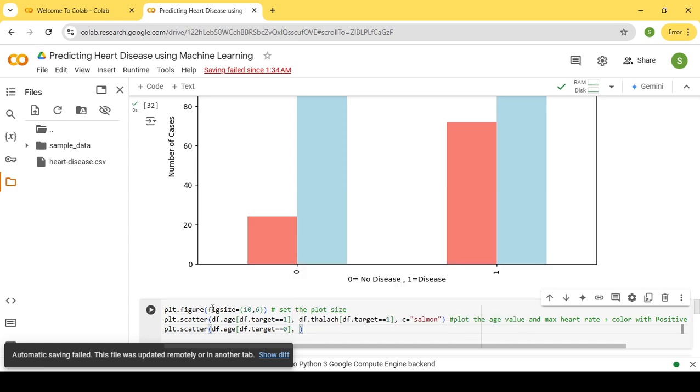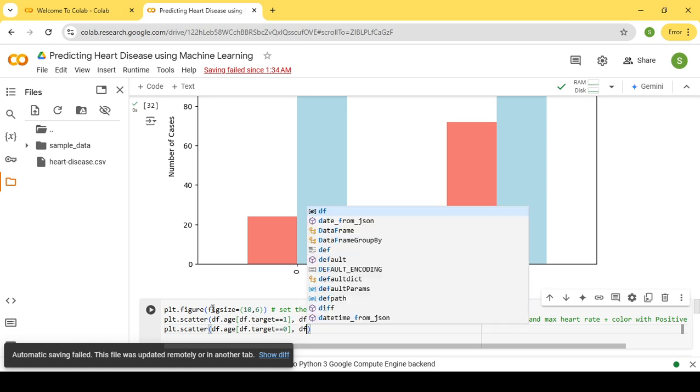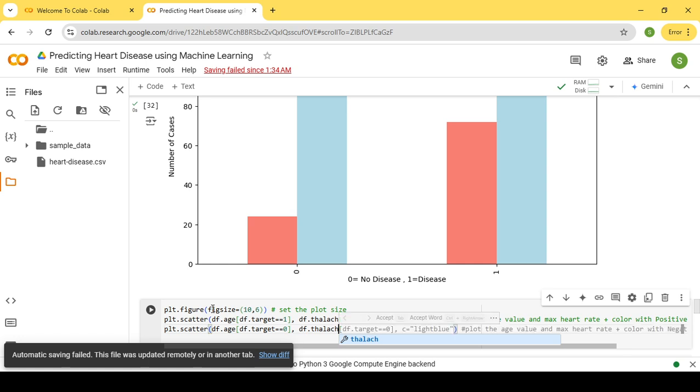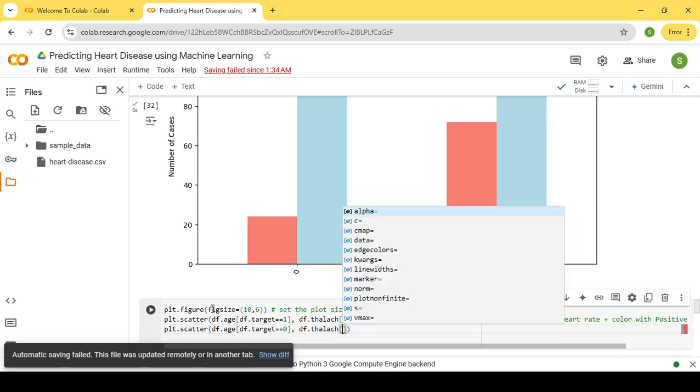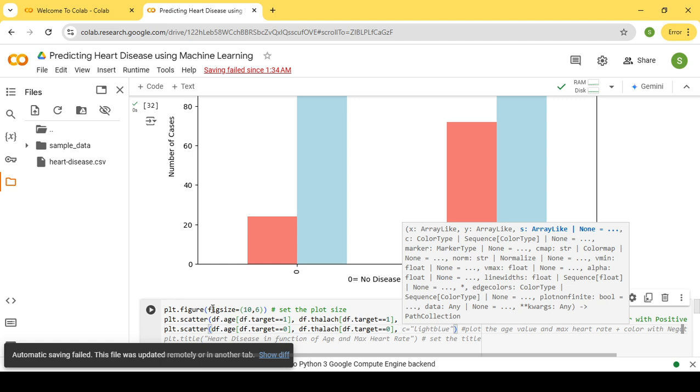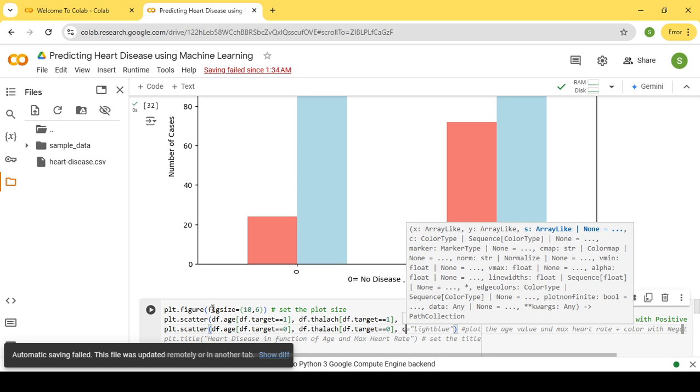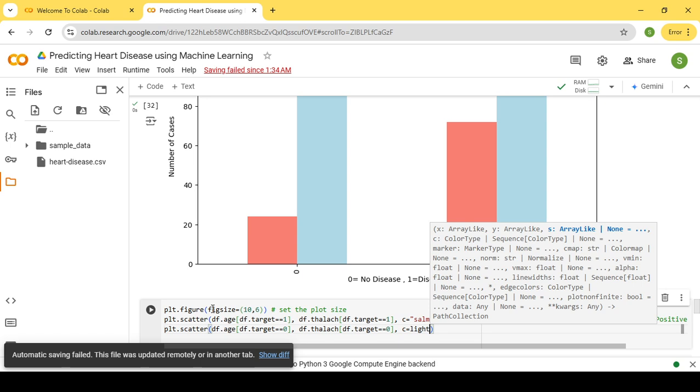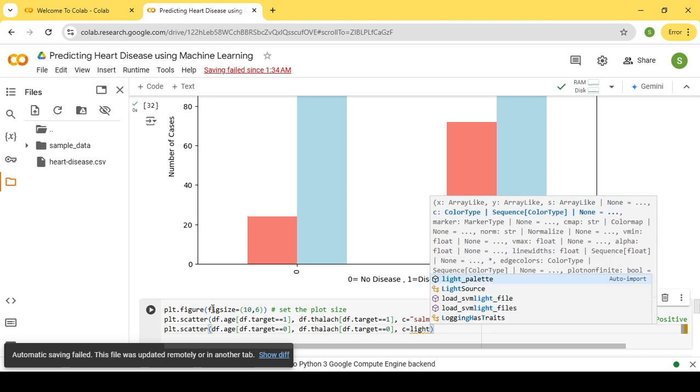The same thing goes to the thalach from the data frame, target is equal to 0. We'll set that color to be, let's say, light blue.